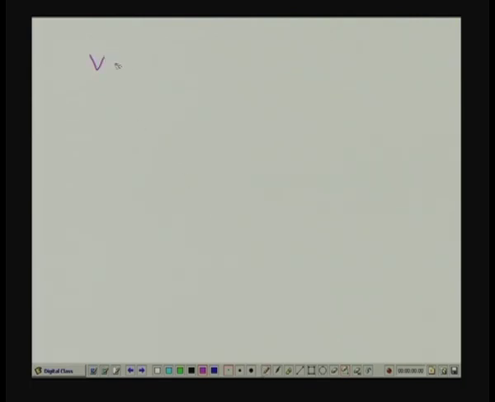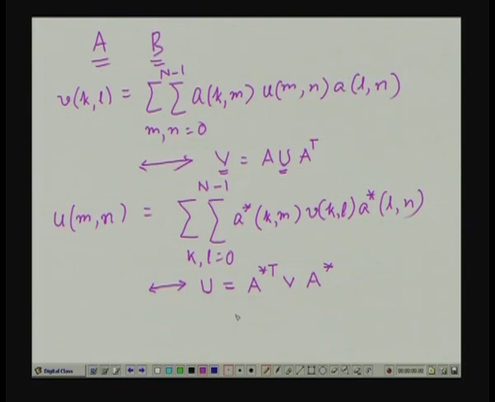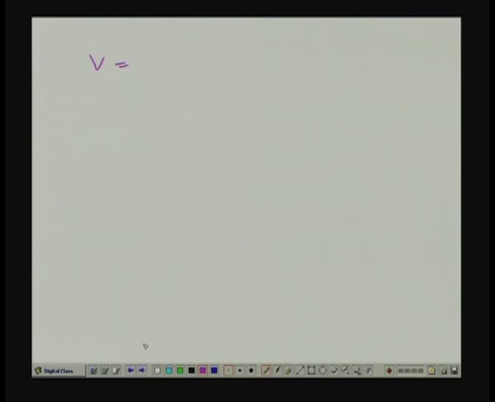If you go back to our previous slide, you find that V equals A U A transpose. So, I get the coefficient matrix V from our original image matrix U by using the separable transformation. This same equation we can also represent in the form of V transpose equals A U transpose.